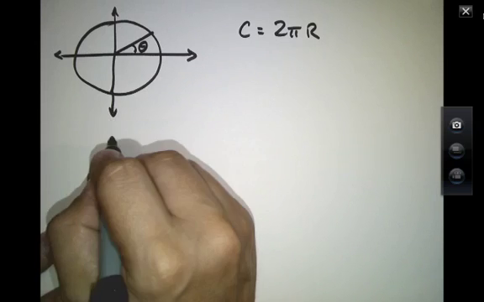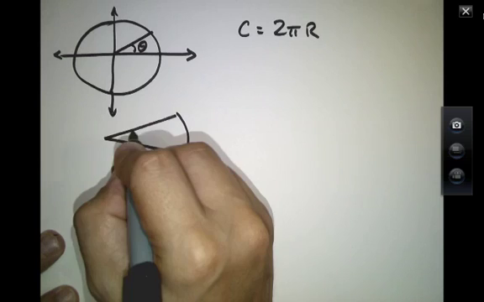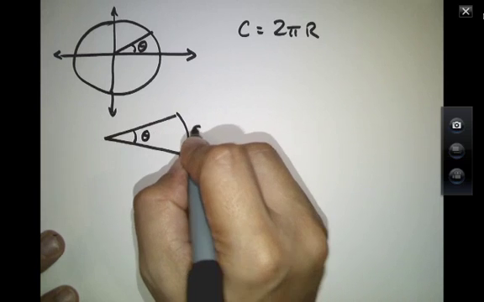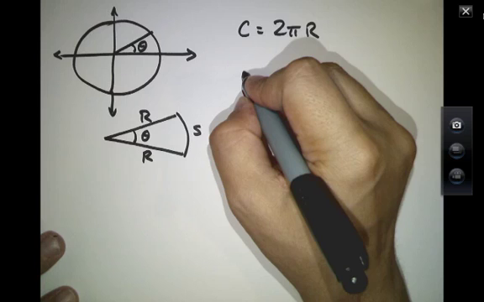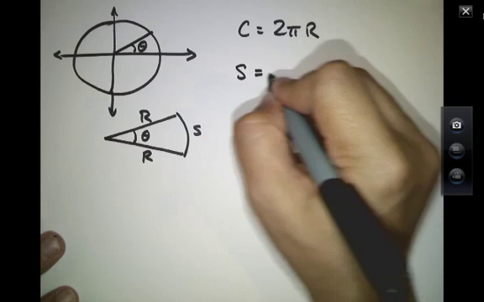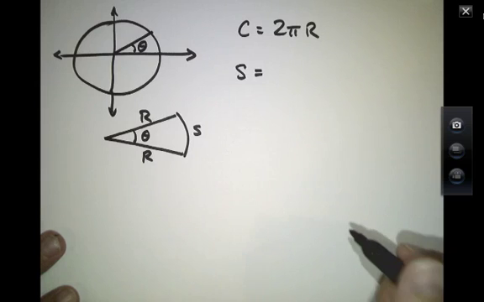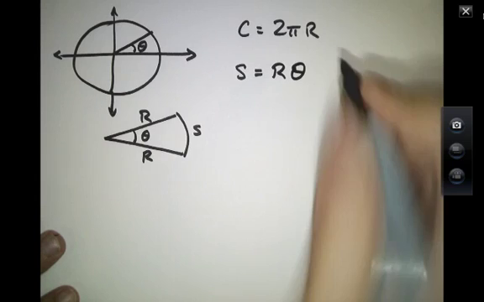I'd like to define a more general relationship. If I had some other angle theta that's not 360 degrees, instead something that looked like a pi wedge, like I've drawn up there, I'd like to be able to write down, again, a linear relationship between the length of the outside of the wedge and the radius r.